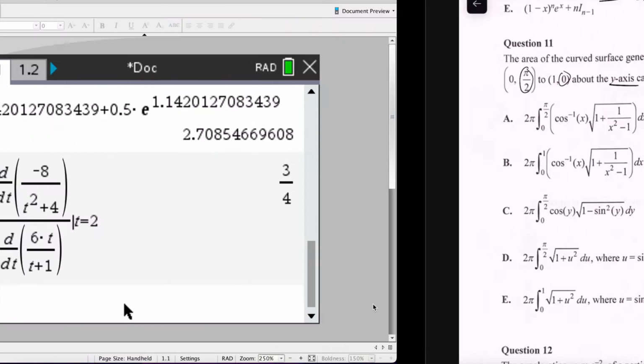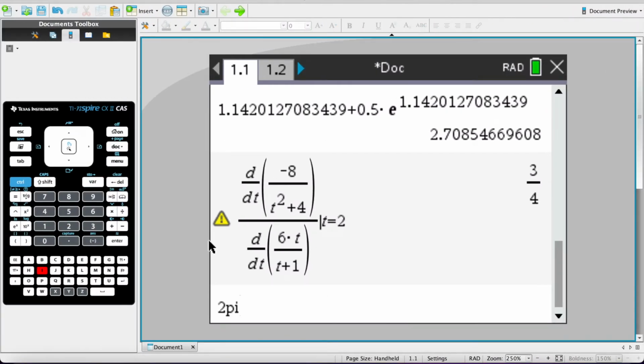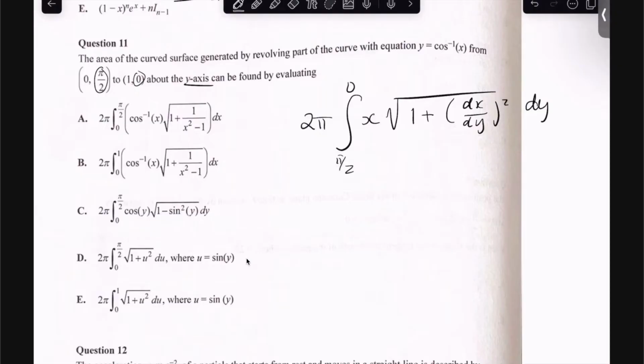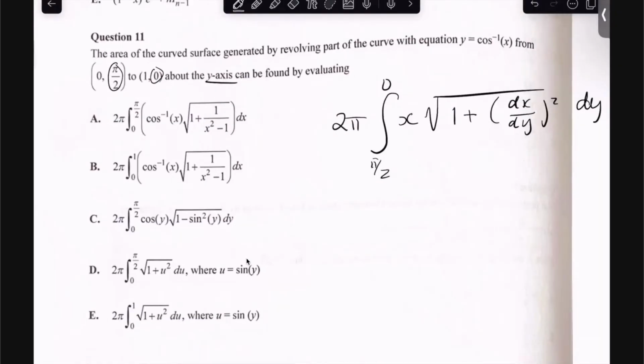So if you just put that on the formula sheet, this is going to be 2 pi. Oh, so they haven't even done the answer. So let's see. 2 pi times pi over 2 to 0. And now x is, what was x? x is cos of y times the square root of 1 plus sine squared, because the derivative of cos y is negative sine, but squared is just positive sine squared.